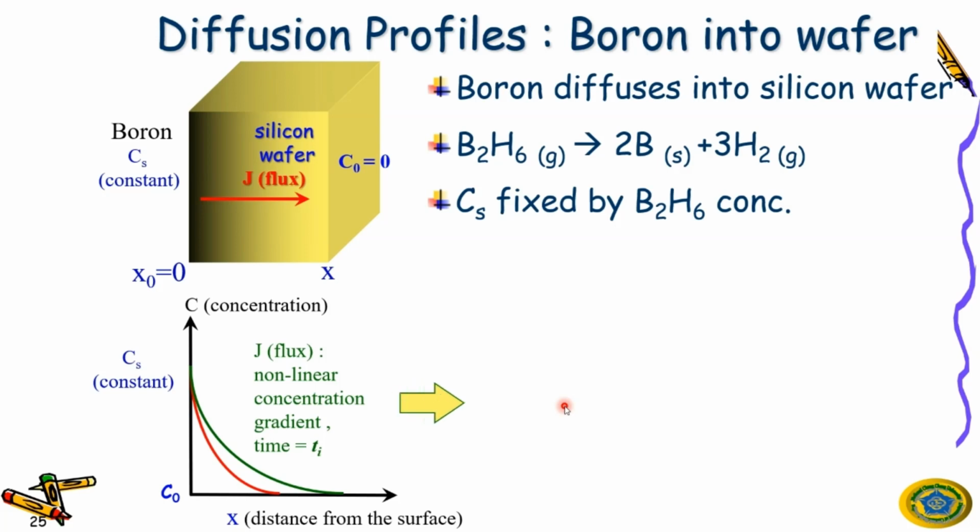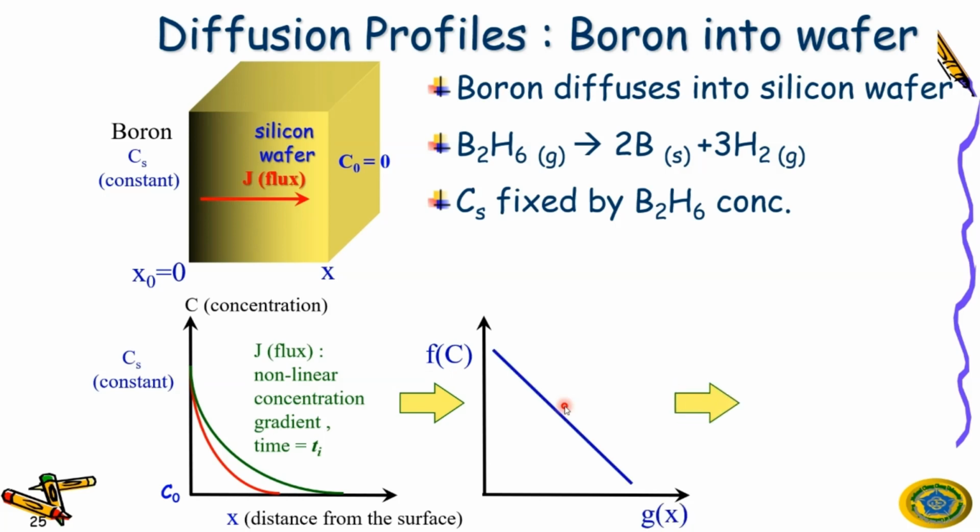However, I hope you still remember when I talked about this in first year. If you have a nonlinear equation, how are you going to make a linear equation in order to make an equation? If you have a nonlinear profile, you need to make it a linear profile, right? And then you can make a mathematical equation.